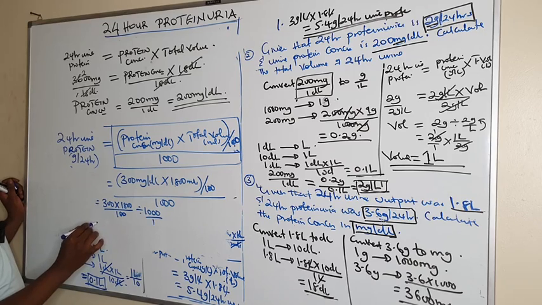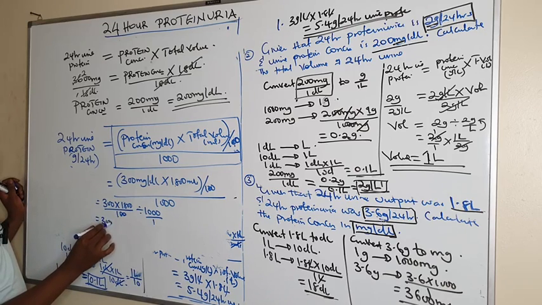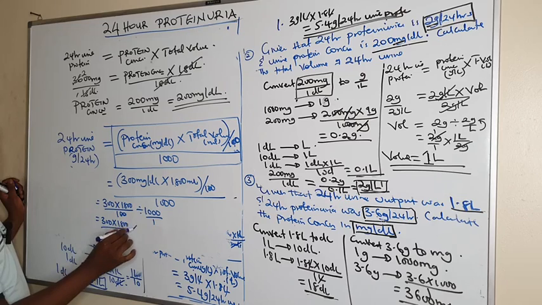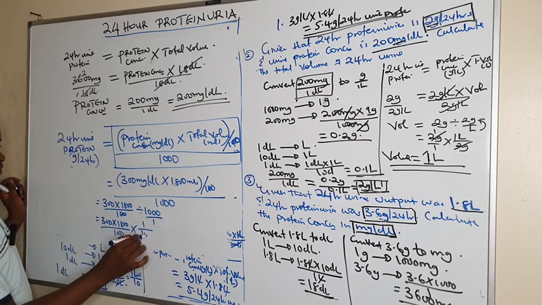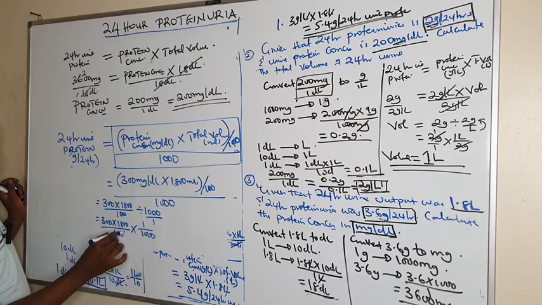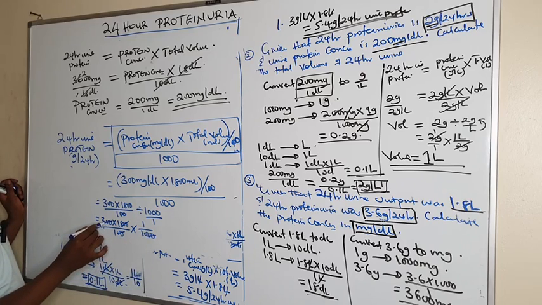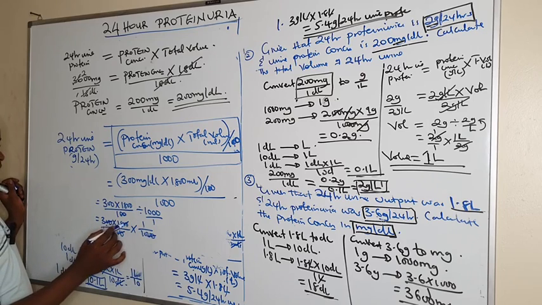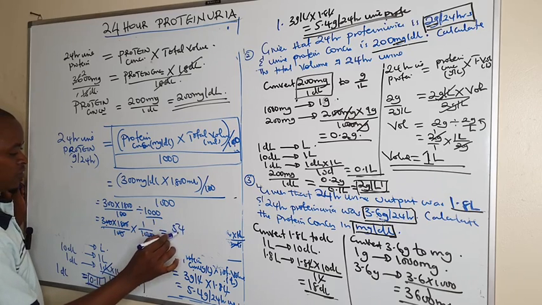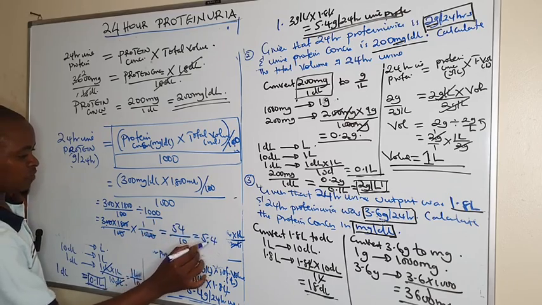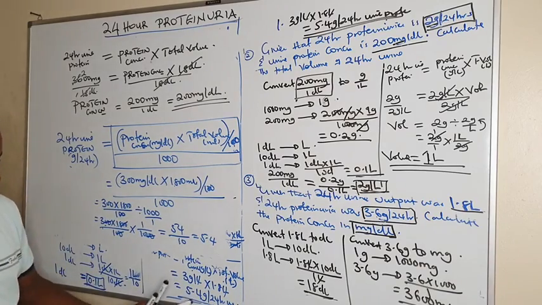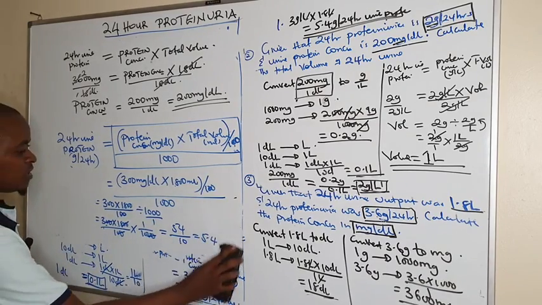I take the reciprocal and get 300 times 1,800 over 100 times 1 over 1,000. The zeros cancel, and we remain with 3 times 18, which is 54 over 10, and the answer becomes 5.4, which was the same as when we did it from first principles.